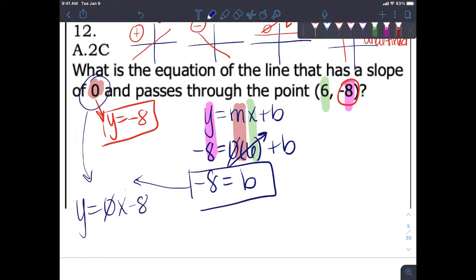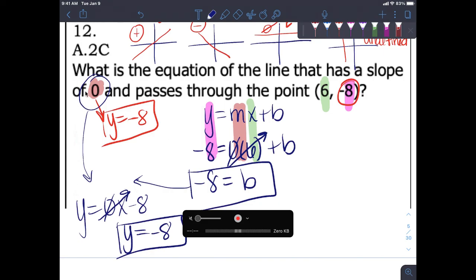So now I have my equation. However, what we've also known in algebra is that if something's multiplied by 0, it's still 0. I don't have to write it in. So my equation is y equals negative 8. Same exact thing that I would have known had I just remembered that my slope is equal to 0.